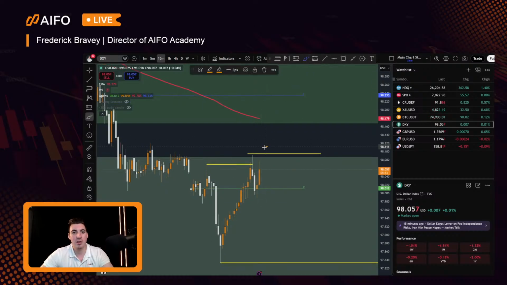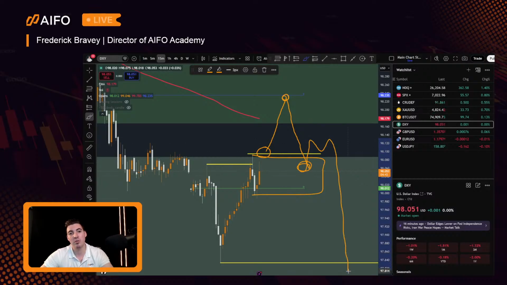So if it does break this here with a full body candle, then we are likely going to head up to about here. And if the trend continues, this would become our new little DXY demand zone, and we might just see something like this. That would be my prediction.